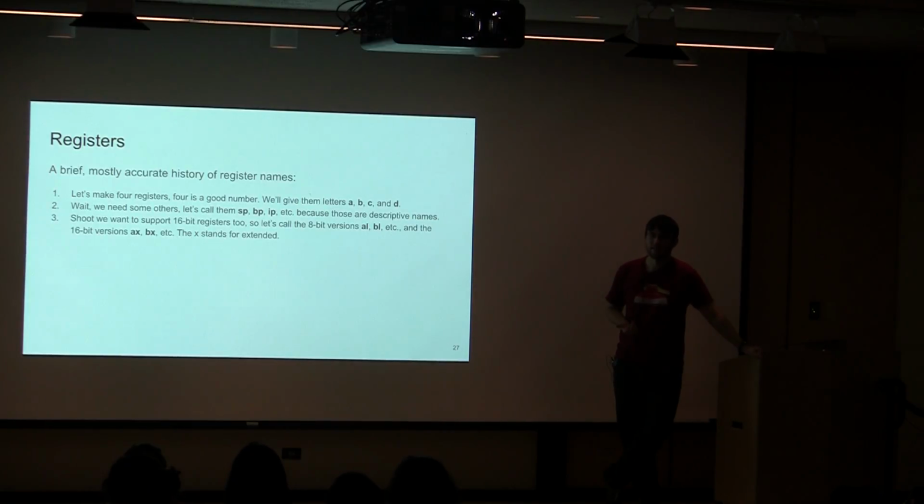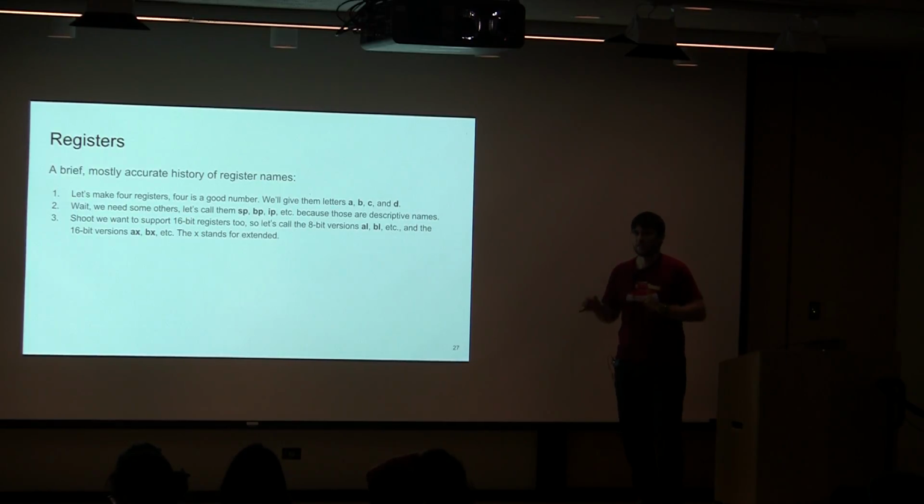Okay, and then once we started making 16-bit CPUs instead of 8-bit CPUs, we needed a way to distinguish the 8-bit registers from the 16-bit registers. So we renamed the 8-bit versions, and we renamed the 16-bit versions. So now they're distinguishable, but you can still reference the 8-bit ones, so you can still run 8-bit code.